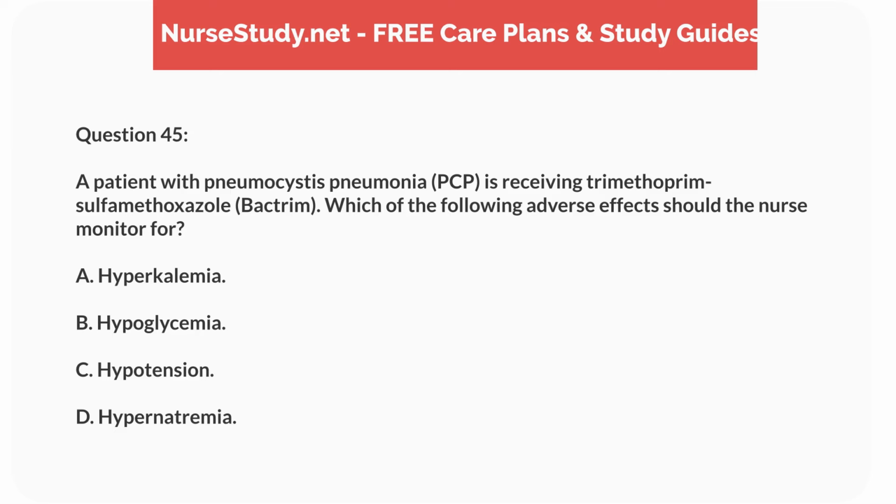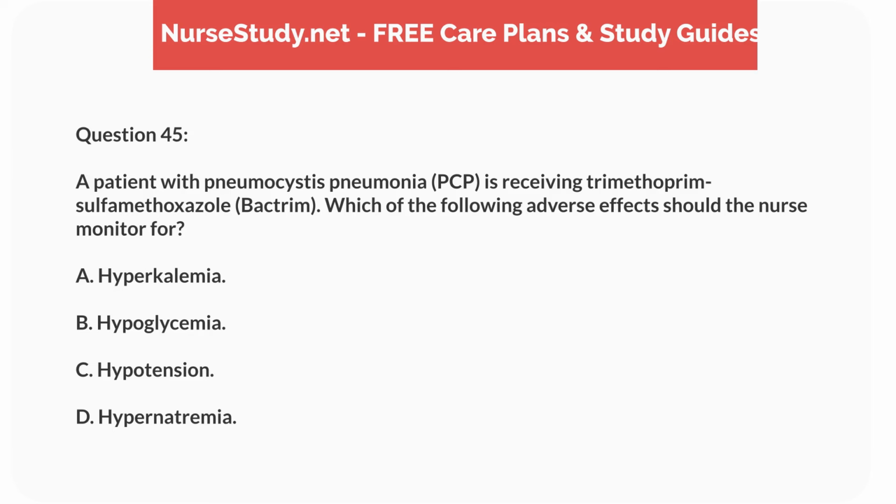Question 45. A patient with pneumocystis pneumonia, PCP, is receiving trimethoprim sulfamethoxazole, Bactrim. Which of the following adverse effects should the nurse monitor for? A. Hyperkalemia. B. Hypoglycemia. C. Hypotension.